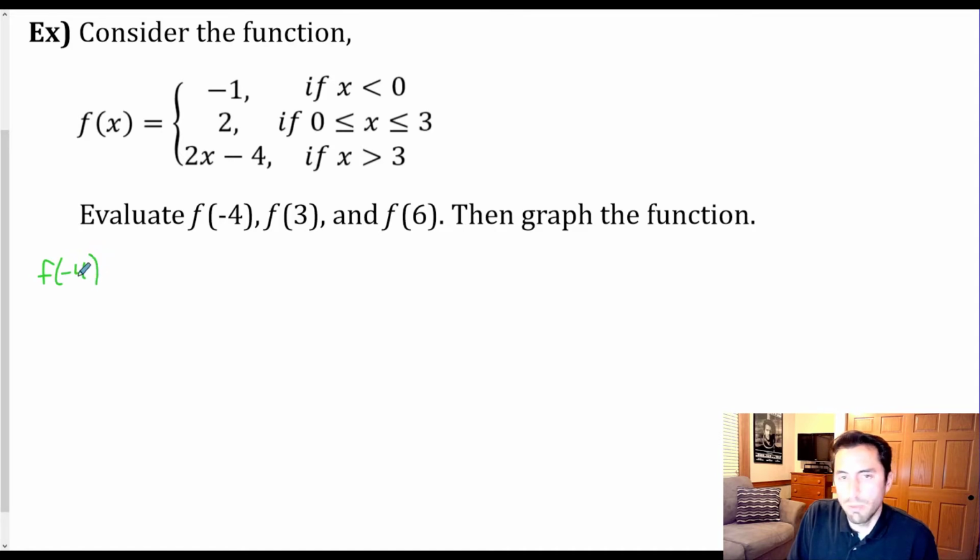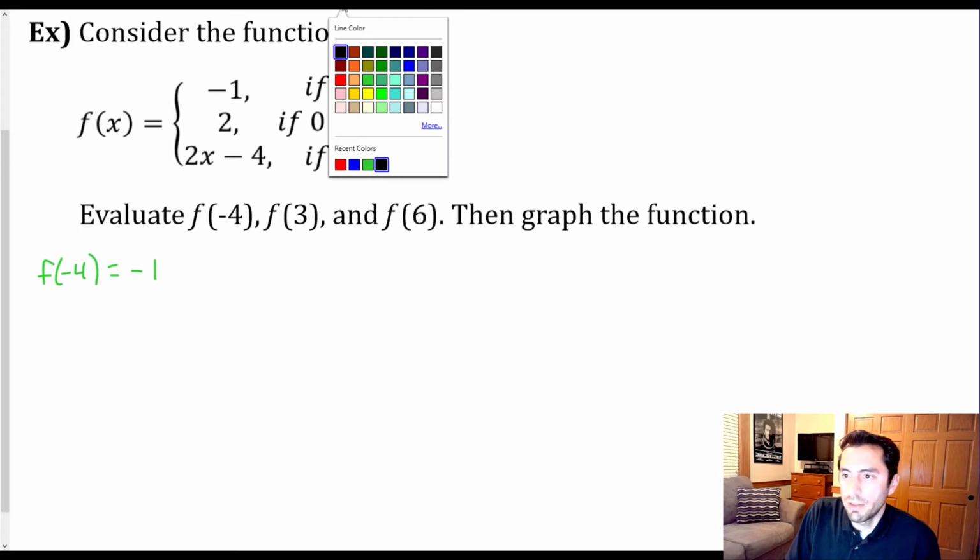Now I don't need to plug this into all 3 things. We only need to plug it into the correct interval, depending on what value of x we have. So my value of x is -4. So where does that fall? -4 is smaller than 0. So that means we're going to use the first equation. This is just a constant, so no matter what we have, this is going to be equal to -1.